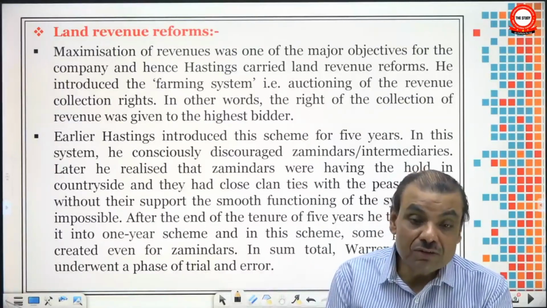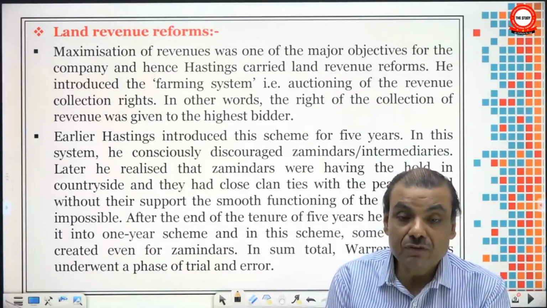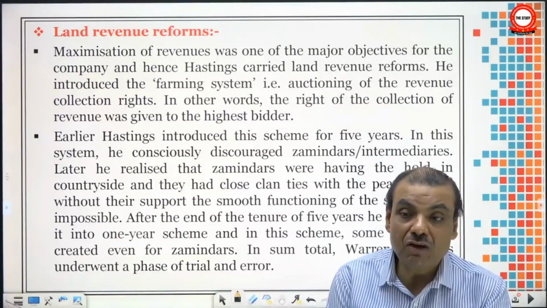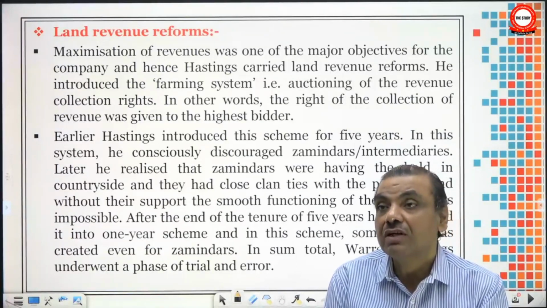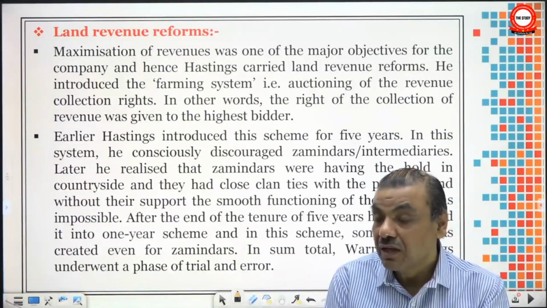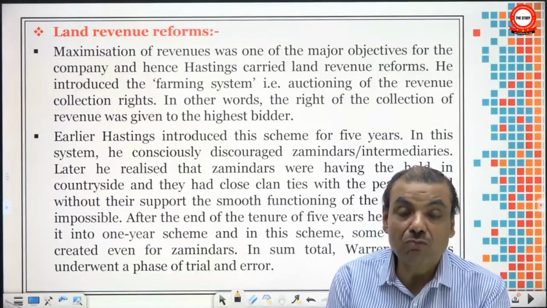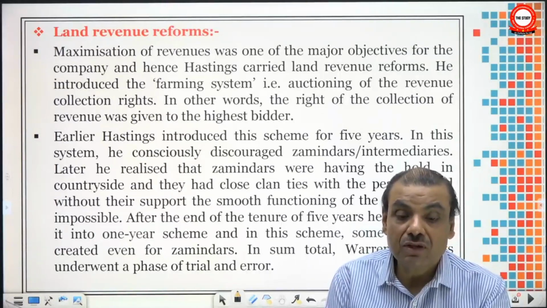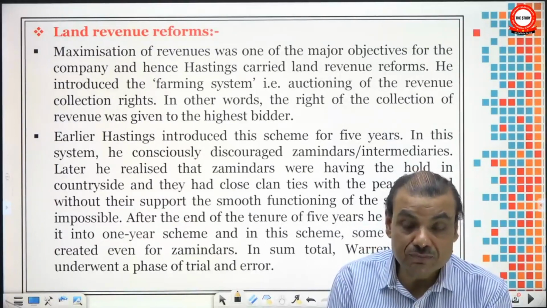But after the disintegration of the Mughal Empire, during the era of the later Mughals, when the Mughal state came to face a crisis, the intermediaries became too powerful, and the thirst for too many resources in the form of land revenue led to the development of a system known as the ijara system.